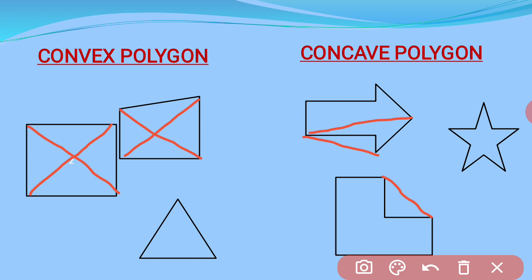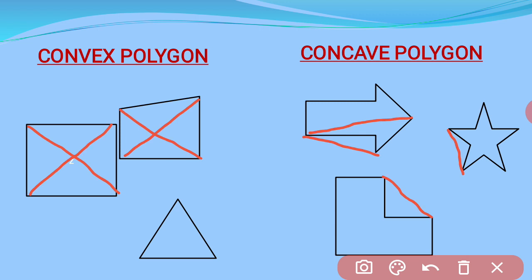So in the concave polygon, we have seen that at least one diagonal lies outside the figure, whereas in convex polygons, all the possible diagonals are always inside the figure.